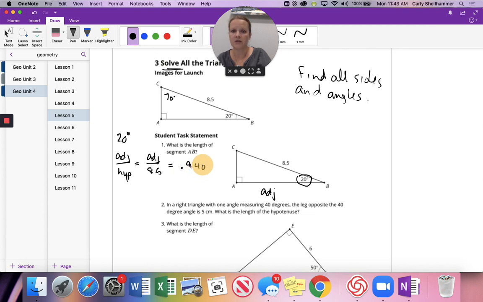Now we're solving for adjacent. What I usually do at this point is put it over 1 and cross multiply. So adjacent times 1 equals 8.5 times 0.940. 8.5 times 0.94 is 7.99 equals adjacent.